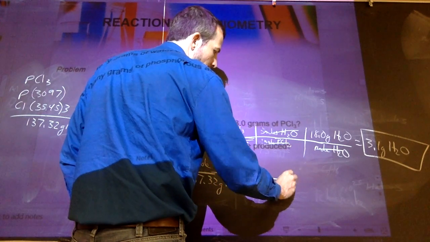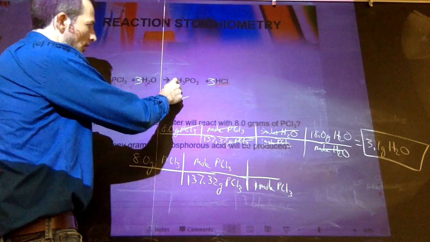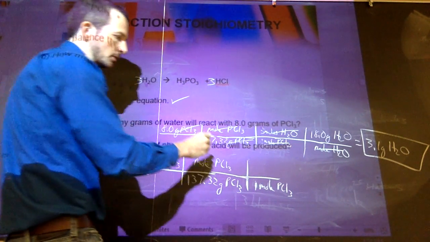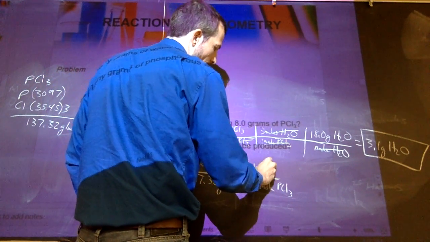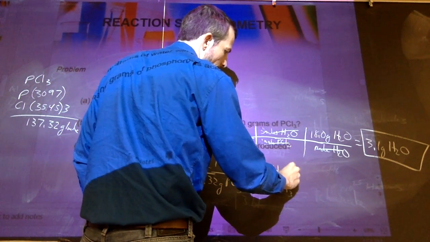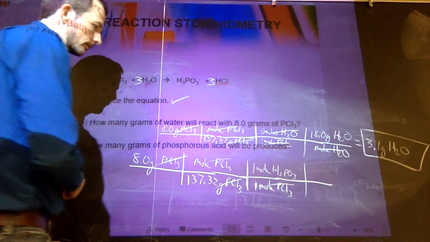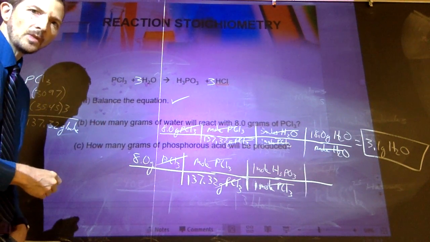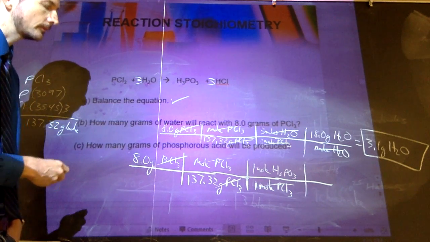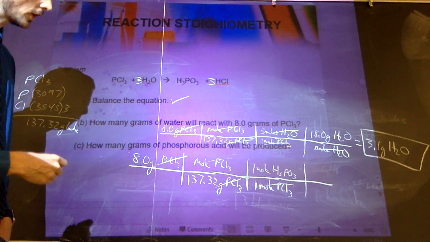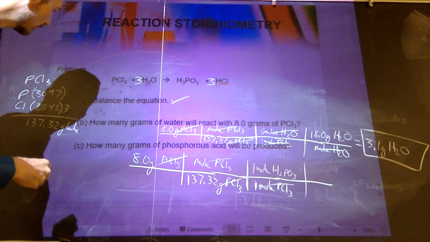One mole of PCl3 produces 1 mole of H3PO3. Now, I want the grams of H3PO3.